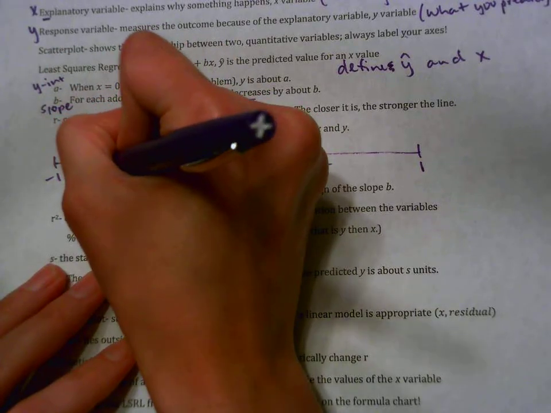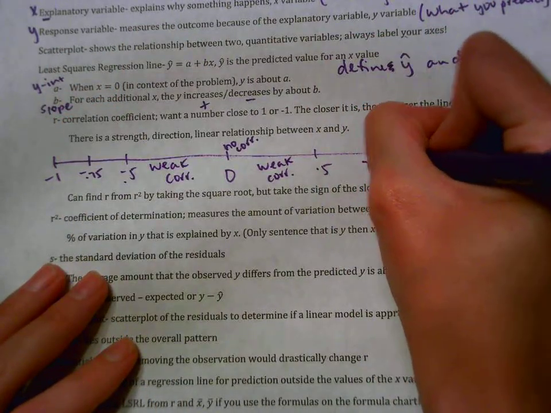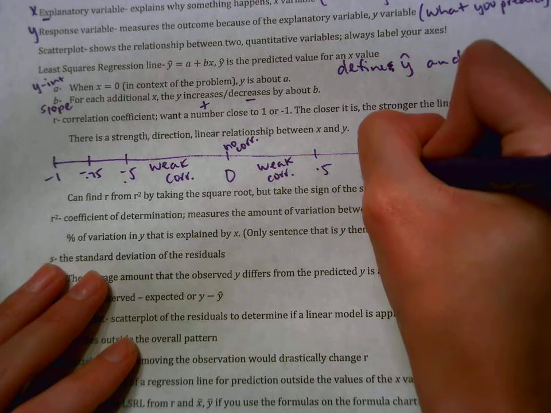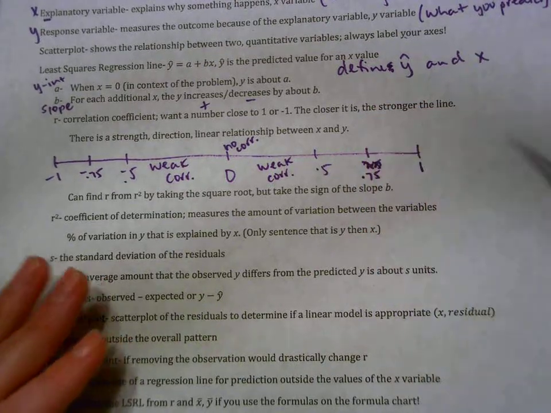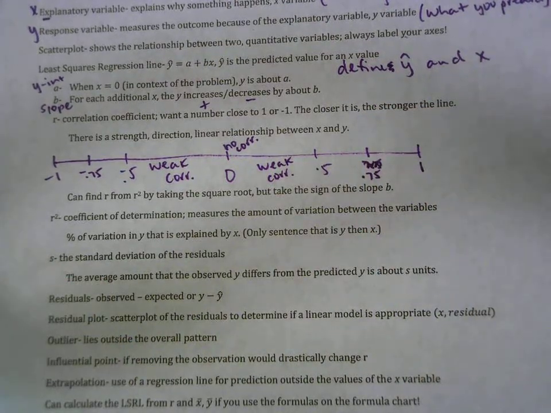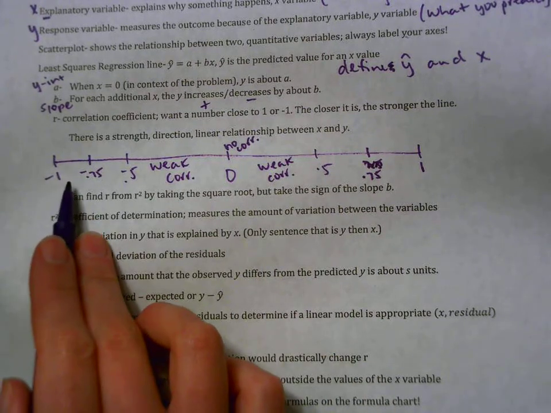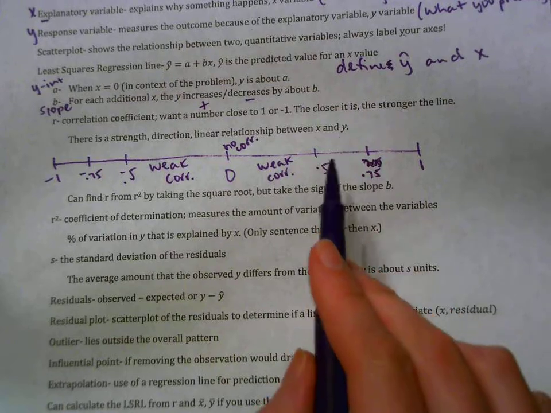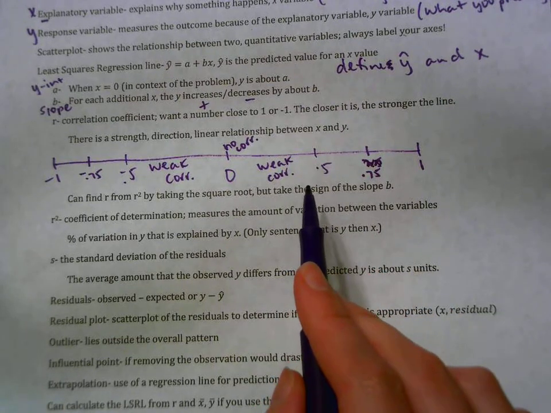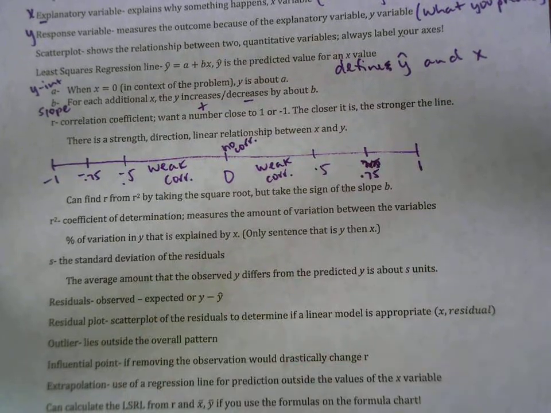Normally we say about 0.75 is when it starts to be strong. If it's negative, then that would be a negative slope, and if it's positive, then it's increasing, a positive slope. So it also tells you the direction, positive or negative.